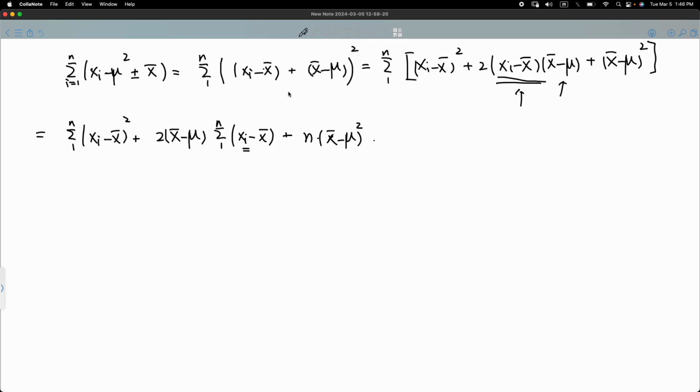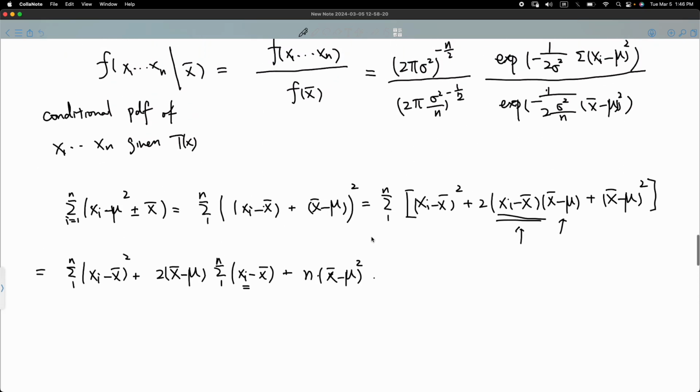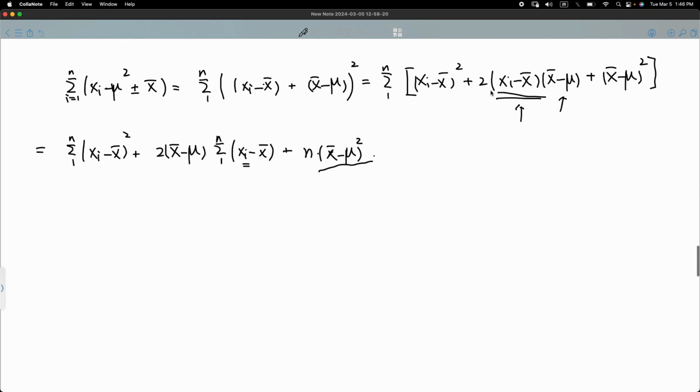Okay. And here you can already see that this part is similar to something in the denominator here. So later it will be helpful to cancel out with this part in the denominator. Another piece of information is that the summation from 1 to n of xi minus x bar is equal to 0. Does that make sense to everyone, or do we need to elaborate a little bit here?